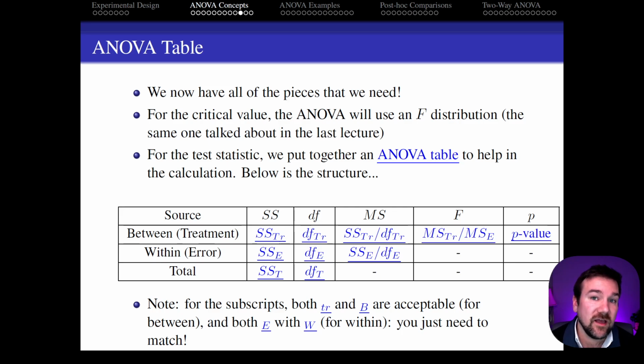So for the F distribution, the first degrees of freedom will be the degrees of freedom from the treatment, DFTR, and the second degrees of freedom will be the degrees of freedom for the error. That's where we're going to get the degrees of freedom for this F distribution for both the critical values and the p-values, depending on what approach we're using.